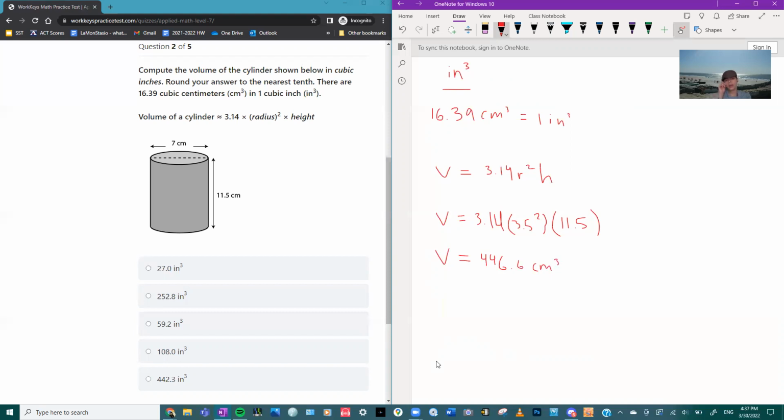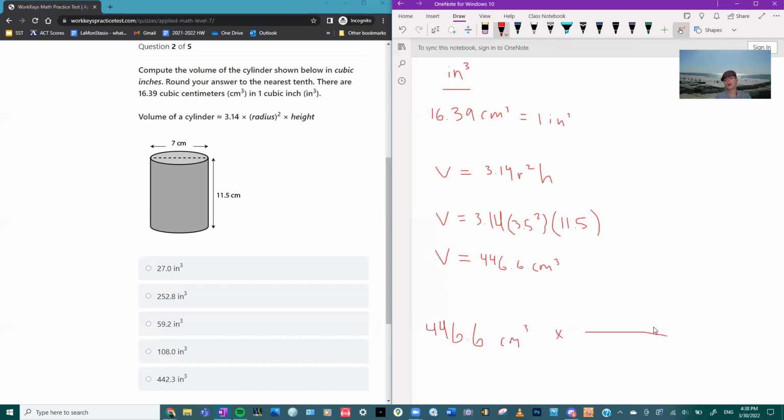Now, this is not our answer because remember it has to be in inches cubed and we need to convert this. So let's do 446.6. Sorry, this thing it's kind of hard to write. I'm writing with my mouse. Sorry, centimeters cubed. And always you have to do a conversion factor when you're converting between units.